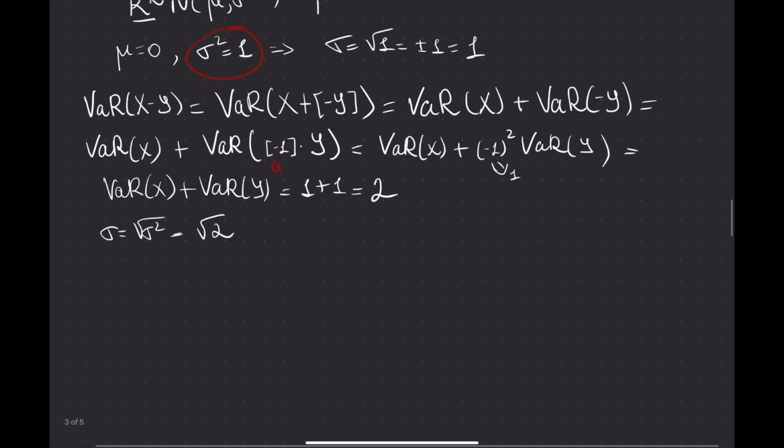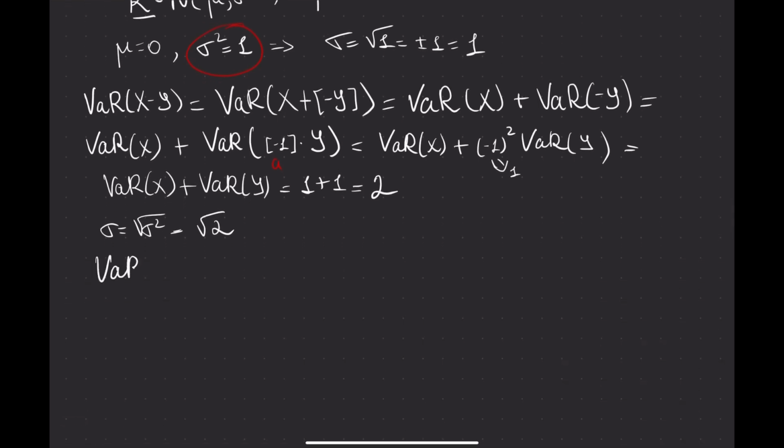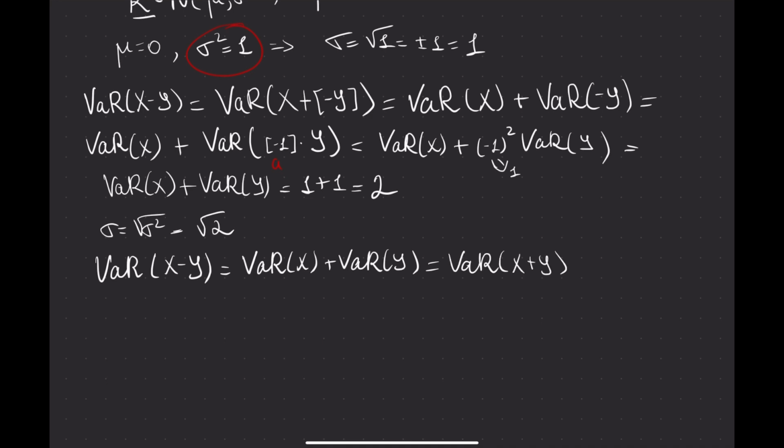And here we also can look at the very interesting result that the variance of the difference of two random variables is the same as the sum of the variances of two independent random variables and the same as the variance of the sum of two independent random variables.